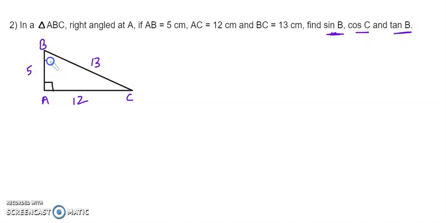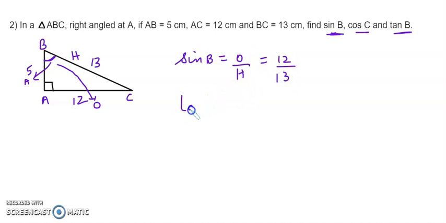Right? So first I am taking B. For B, this is my opposite, this is my adjacent, and this is hypotenuse. So first I'll write the sine. Sine B will be opposite upon hypotenuse, which is 12/13, and tan B is opposite upon adjacent, which is 12/5.